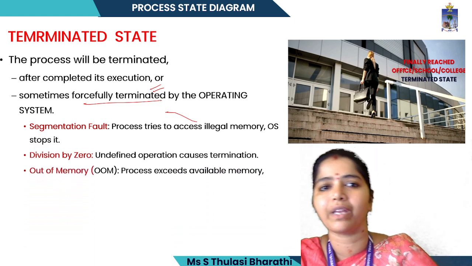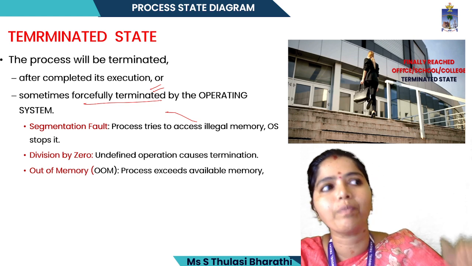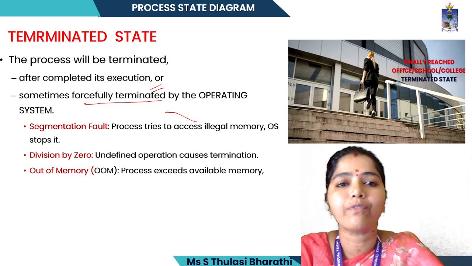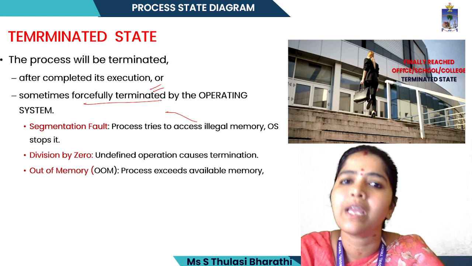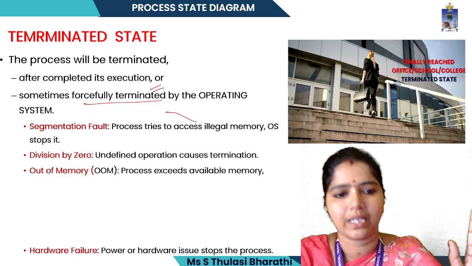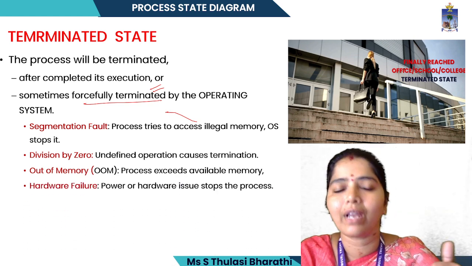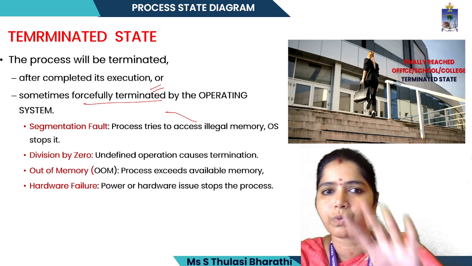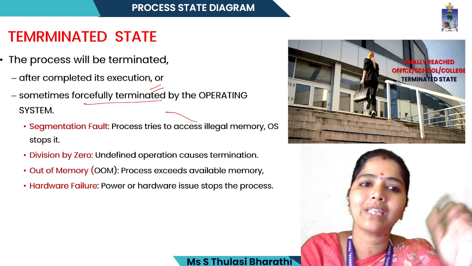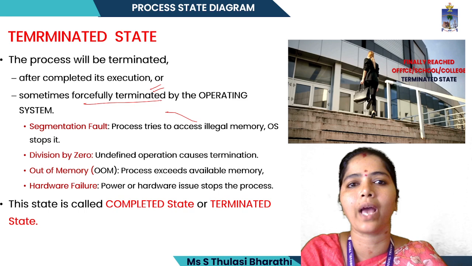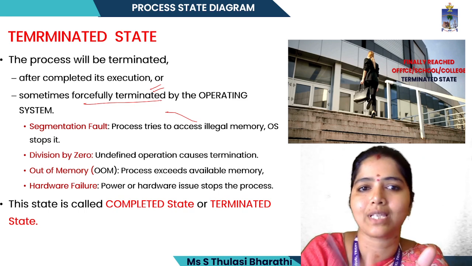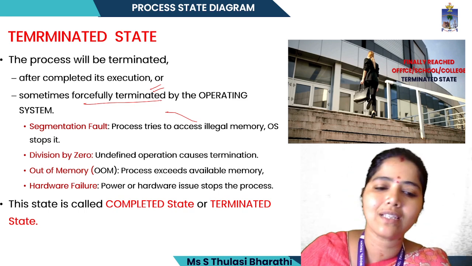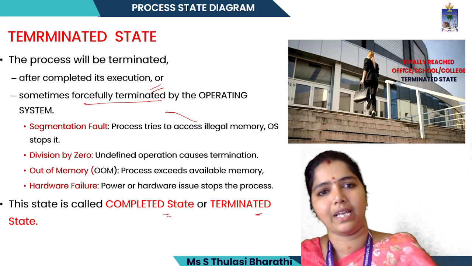Whenever out of memory occurs, that is, more memory is needed than is available, it will also be terminated. Then hardware failure: whenever the power is shut down or there is a hardware problem, the process stops at that time. So these are some possible places where a process can be terminated abruptly, and this is called the completed state or terminated state.